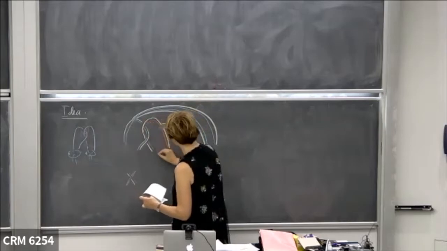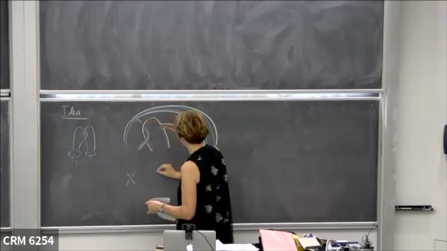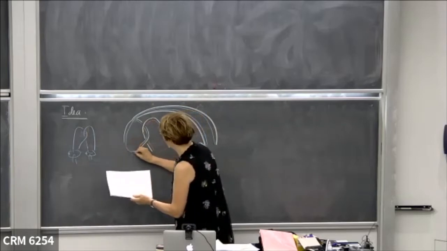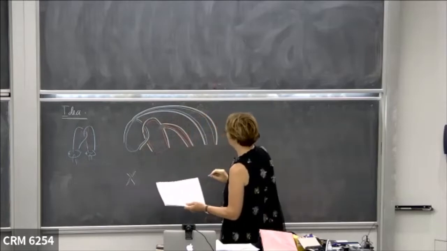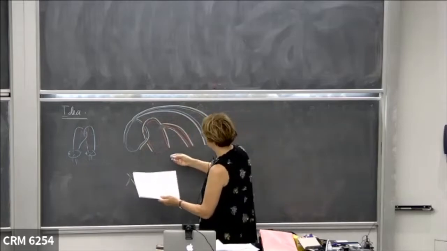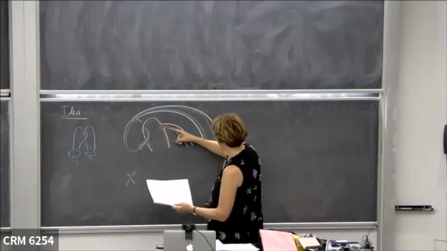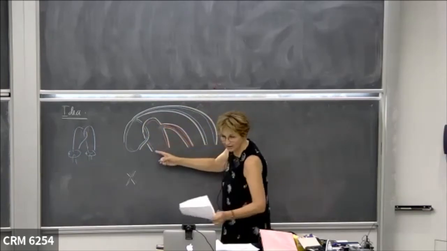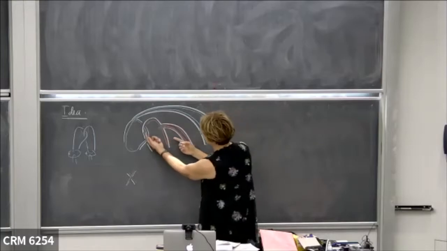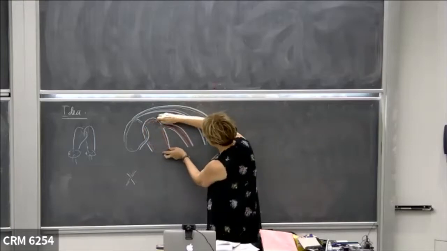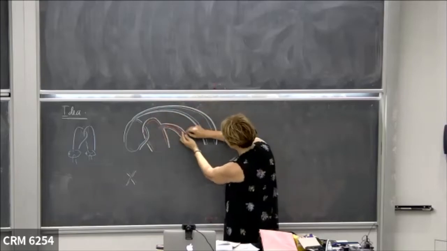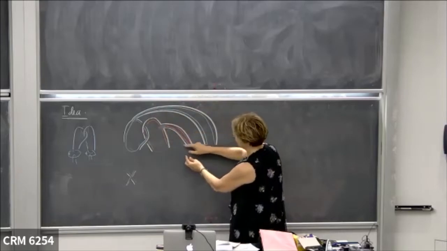In this case, if I close this here and I close it here, look for example at this red strand. This red strand goes everywhere under, so I can just pull it in and retract completely, and this will be just a closing of this component.